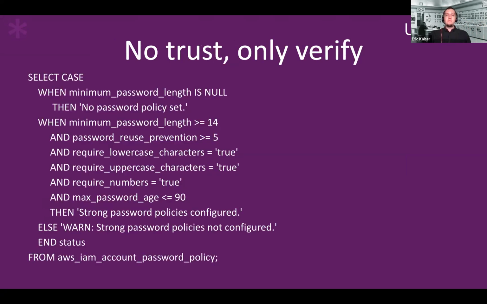There is no trust. We only verify, and this is how we verify, right? Across the minimum password length, password reuse prevention, require lowercase characters, require uppercase characters, set numbers to true, and a password age of less than 90 days, everything's great. Otherwise, something's gone wrong.